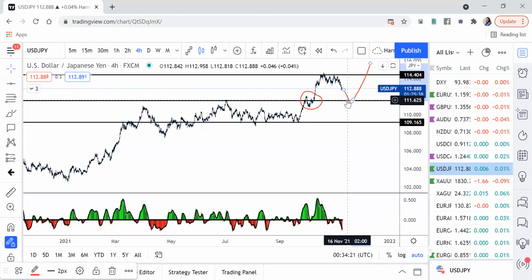So automatically, if you decide that you want to get into USD JPY while it's on its way down, you're going to be looking for sells, because you already know now the market has to come down to retest this zone. So the market is going to be pushing to the downside, but it's not going to be long term, right? Because we can see that long term, we're looking for USD JPY to continue to the upside.